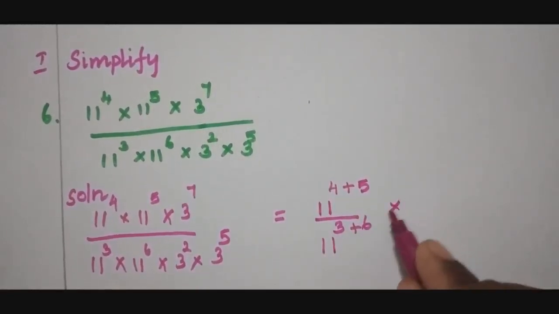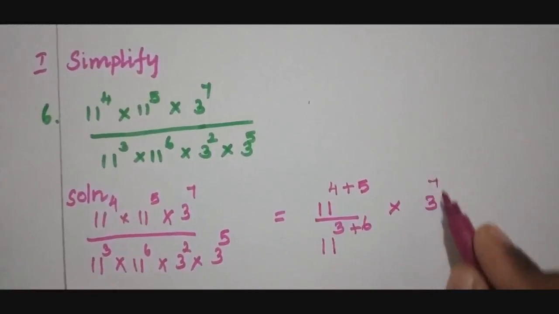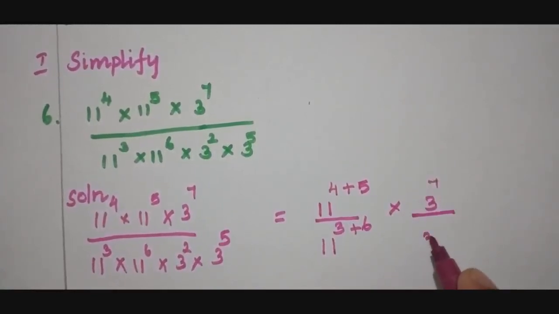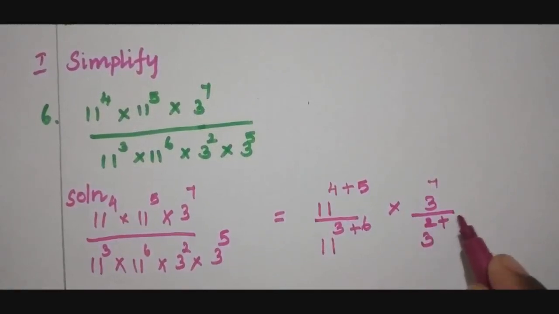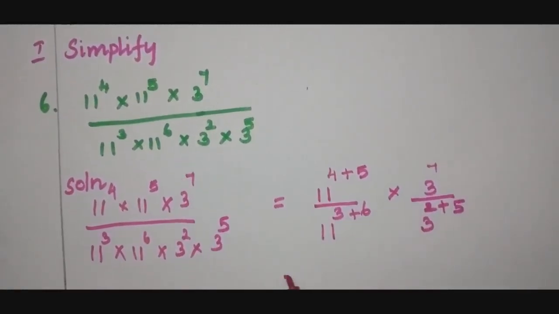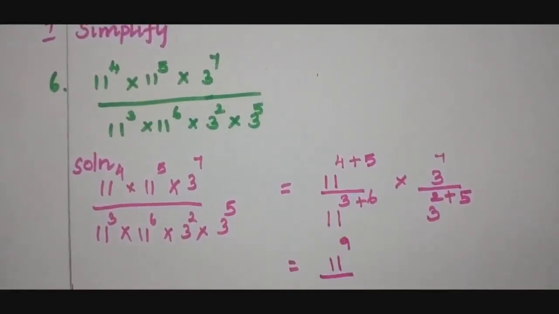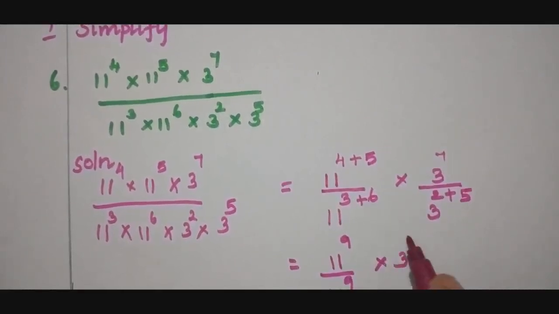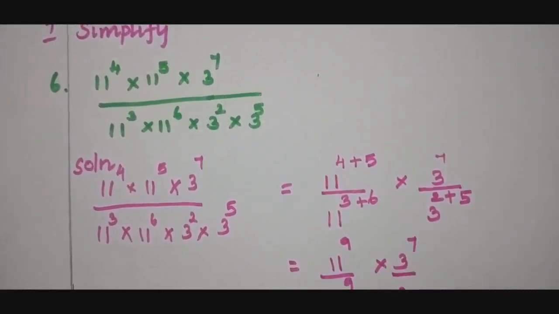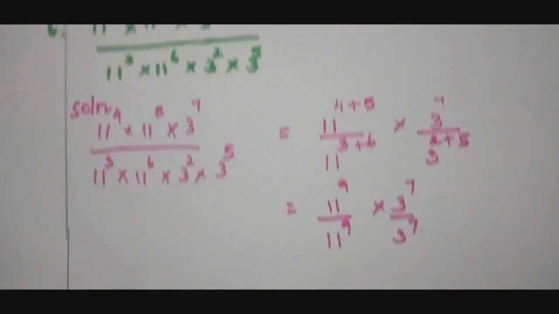Similarly, into 3 power 7 divided by 3 power 2 plus 5, which is equal to 11 power 4 plus 5 is 9 divided by 11 power 9 into 3 power 7 divided by 3 power 7.